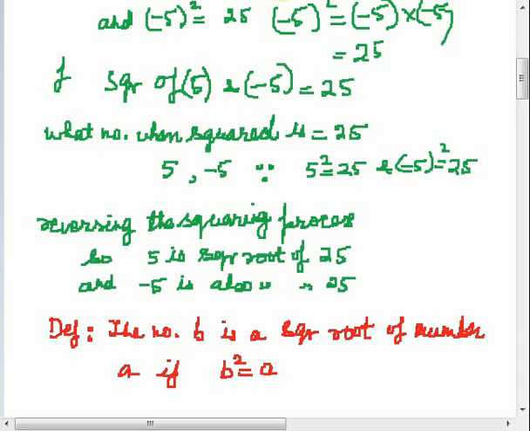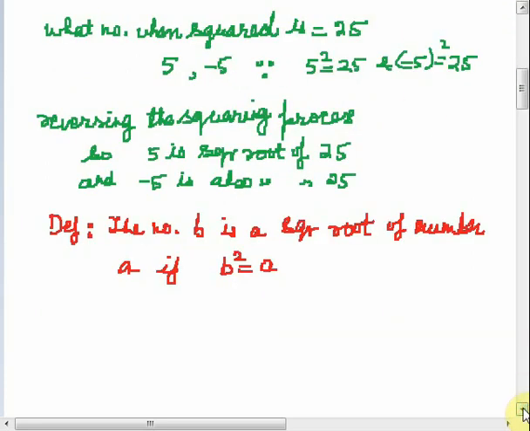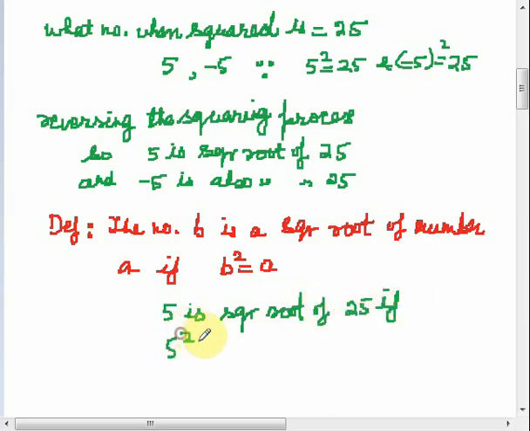That is, 5 is a square root of 25 if 5 square is equal to 25. Is it? Yes.